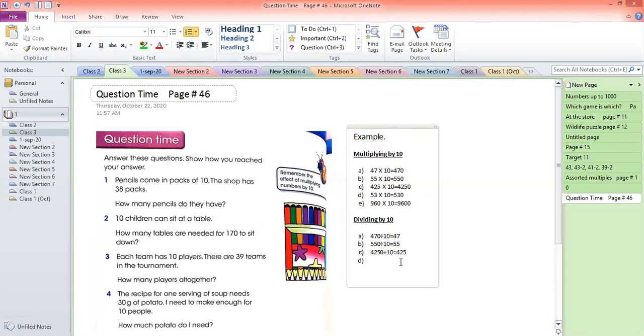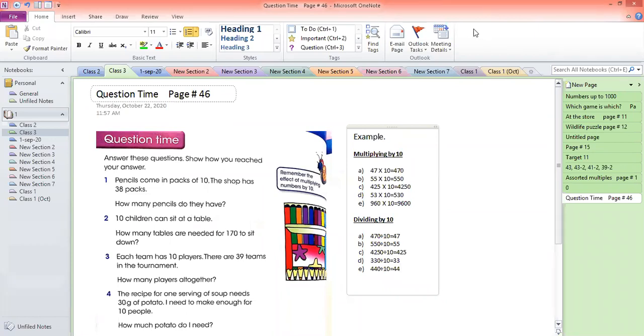Can you tell me if I divide 330 by 10, can you tell me the answer? 33. Do you understand? Why are you saying you don't understand? 440 divided by 10 equals to? 44.